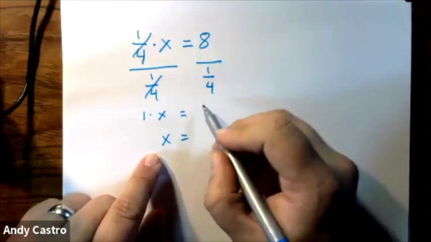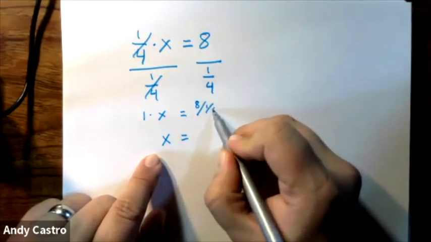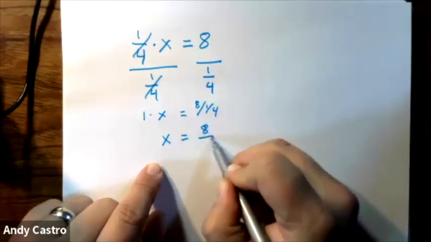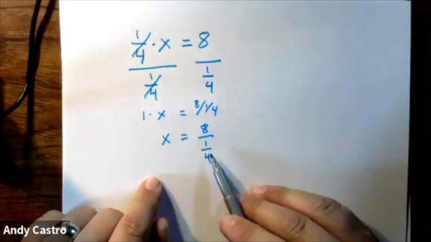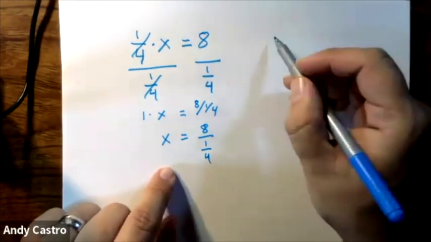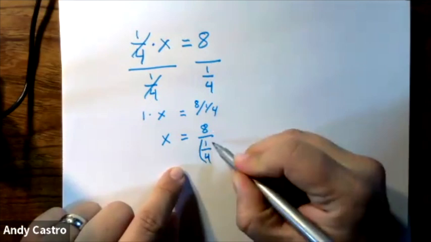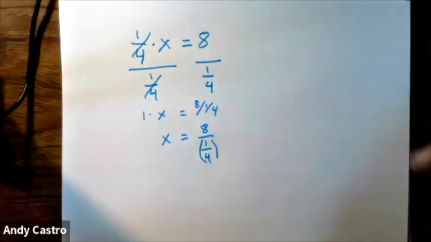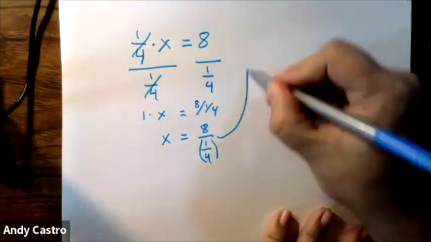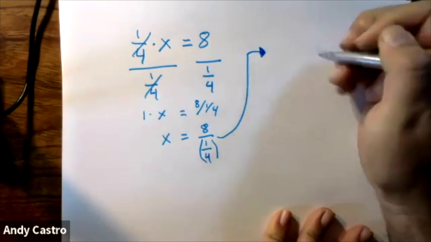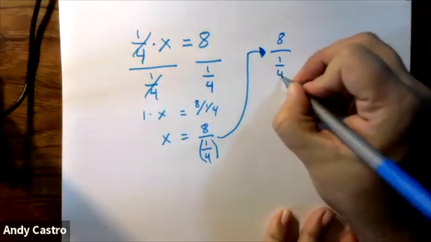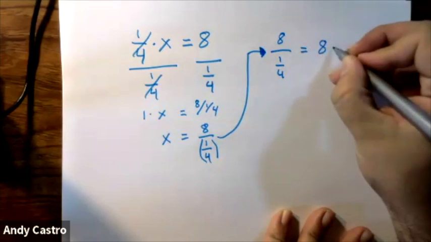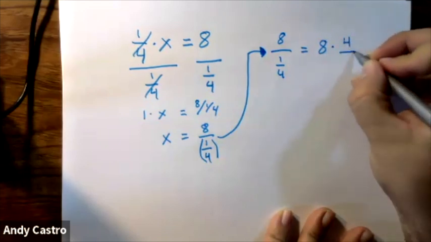Right? 8 over 1/4. And here we have 8 over 1/4. Now, what do I do about this 8 over 1/4? Dividing by a fraction is the same thing as multiplying by its inverse. So 8 divided by 1/4 is the same thing as 8 times 4 over 1.